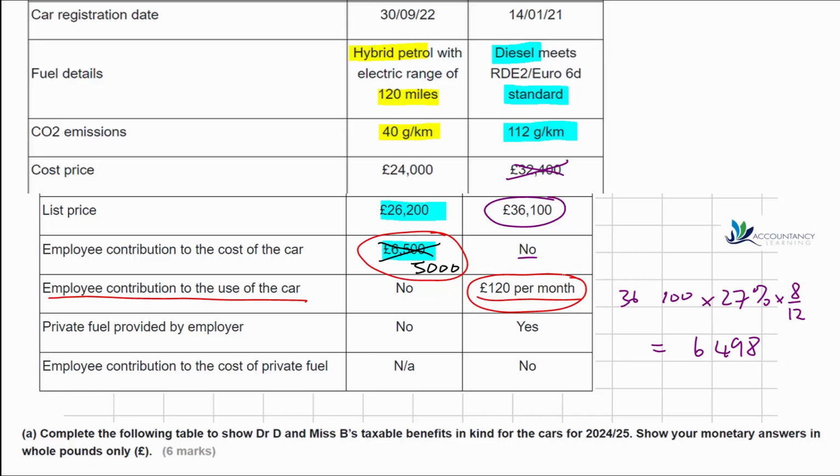So what we're going to do with that is that we're going to deduct that from the taxable benefit. So remember for 8 months, so we're going to deduct 8 amounts of 120. And then that gives us a taxable benefit of £5,538.